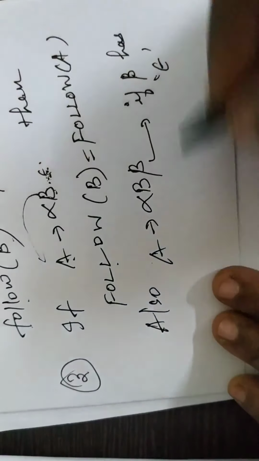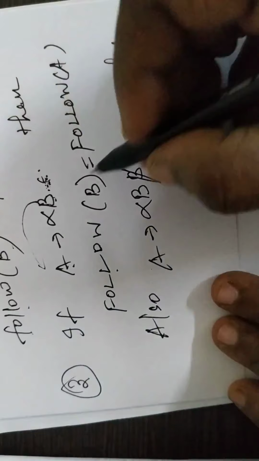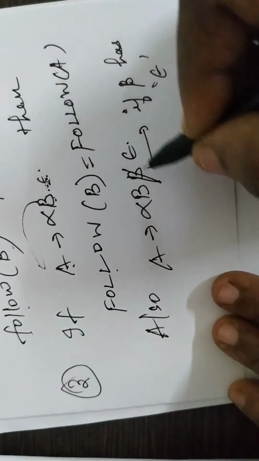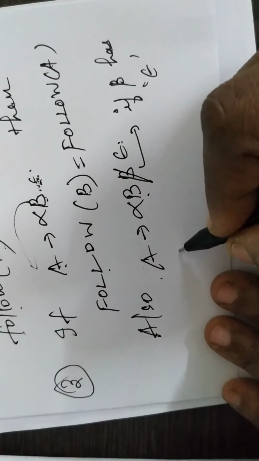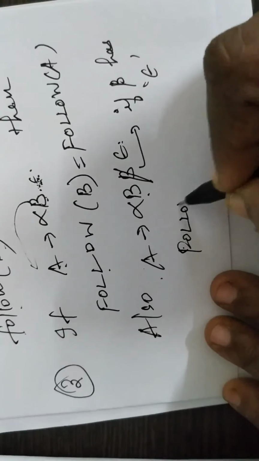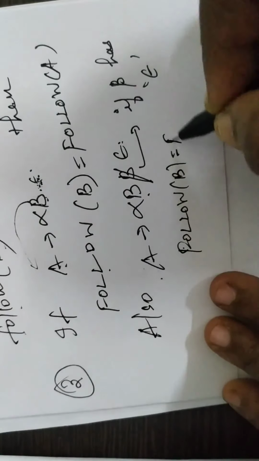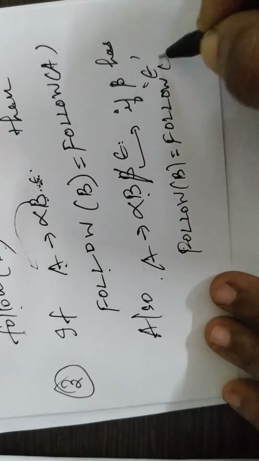Then follow of B is follow of A, because nothing is following. This is the third rule. In case A tends to alpha B beta and beta has epsilon, the same rule applies: follow of B is follow of A, because nothing is there.